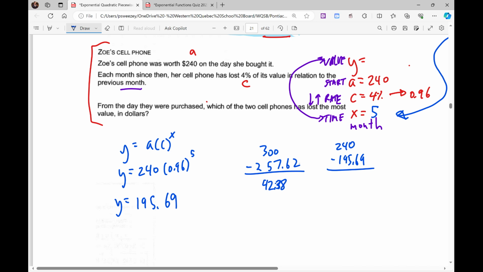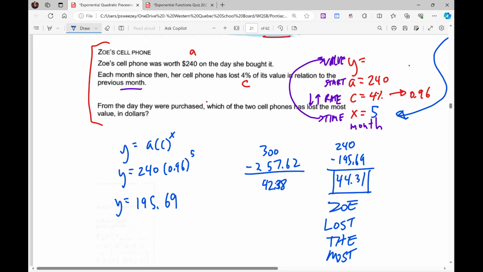Owen Wilson, wow. I think that was it. And then 240 minus 195.69 gives me something in the neighborhood of $44.31. So that would mean that Zoe's cell phone would be the one that lost the most value, only by $2, but Zoe lost the most. Okay. And that would be the end of this guy.